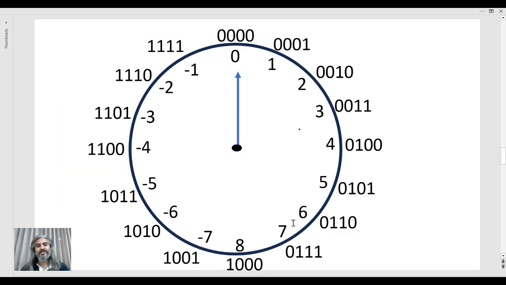And now here is this interesting point. What do we do with 8? Shall we leave it at 8 or make it -8? We can make it -8 because that gives us an advantage. If we look at this pattern, the most significant bit is 1.